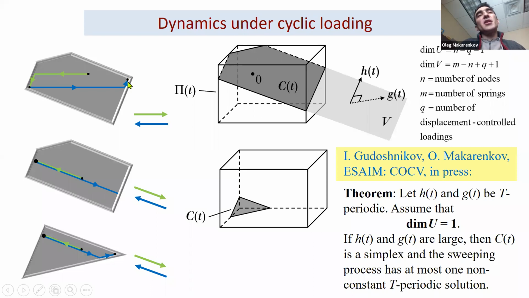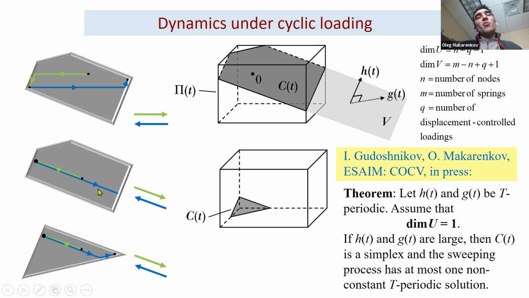So some convergence into the vertex may occur, and this regime will be unique. All trajectories will converge here.